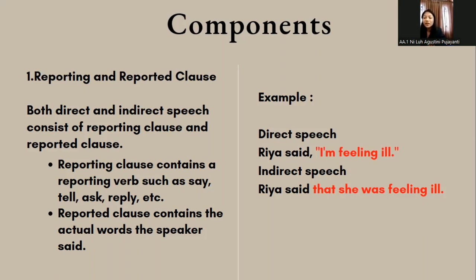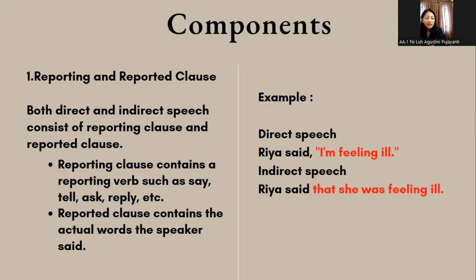So the example, direct speech: Ria said, "I'm feeling ill." And indirect speech will be: Ria said that she was feeling ill. In direct speech, the reporting verb is said, and the reported clause is "I'm feeling ill."